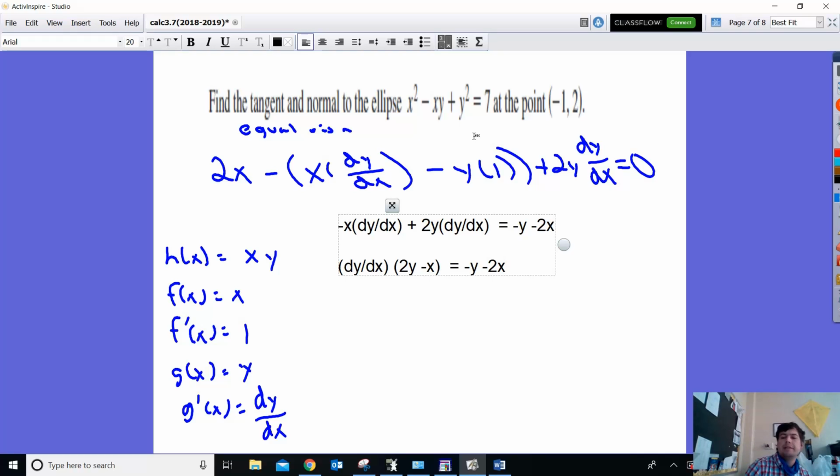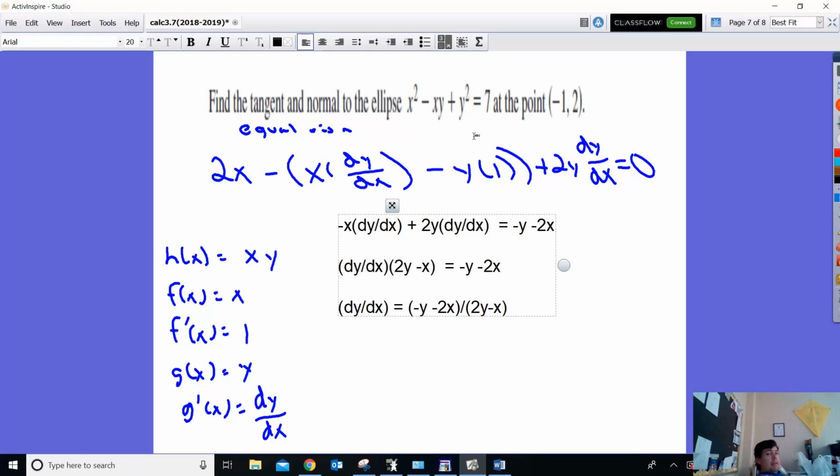So I have dy dx times 2y minus x. I'm not introducing a multiplier symbol. I got on to you all about that. And it's the isolation stage. Divide out. There's your derivative. And that was the fun part.